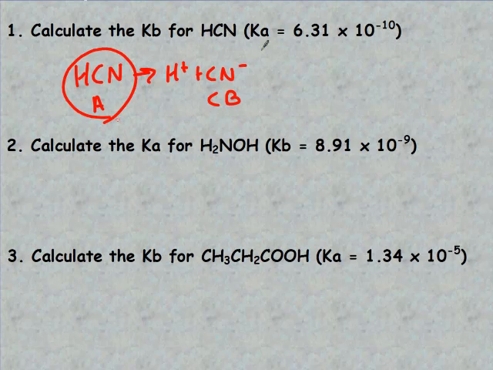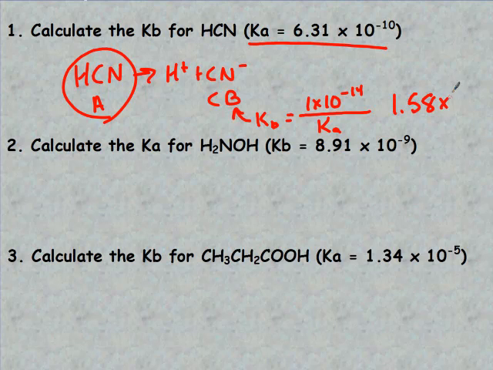If I want to know the Kb value for this base, because it's a base, I'm going to get that Kb value by doing 1 times 10 to the -14, which is the Kw, over my Ka value. Solving that out, I get 1.58 times 10 to the -5. So that's the Kb value for cyanide.